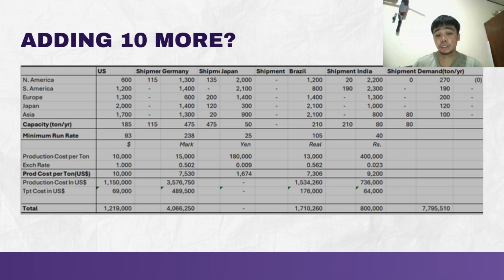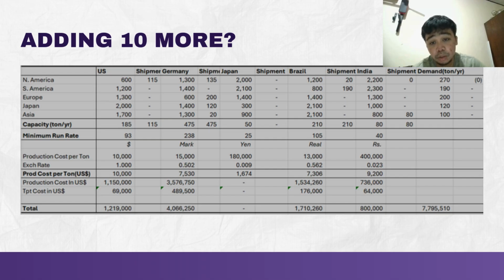So let's follow the third condition: can adding 10 tons of capacity in any plant reduce costs? Well, the answer is yes, and with this data given, I will break down why adding 10 more tons is beneficial and will lower cost in total. Because Germany and Brazil have lower production cost compared to Japan, United States, and India.